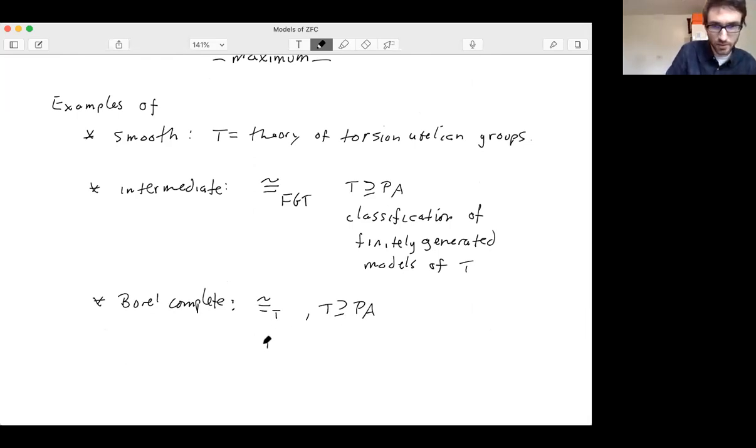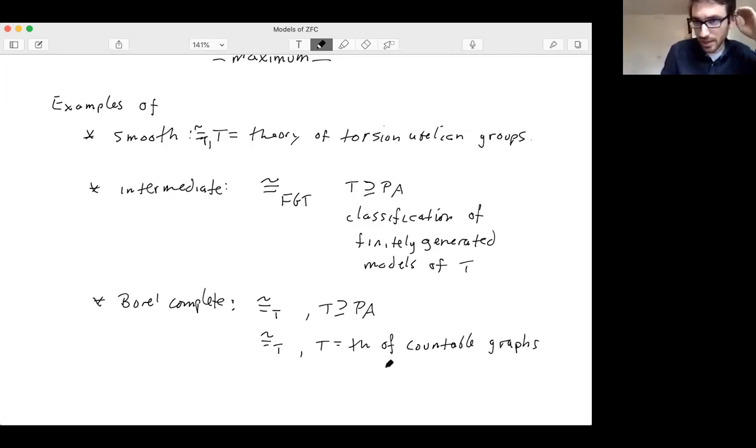And also T equals, I guess, classification of T equals the theory of countable graphs is usually the one that people talk about.